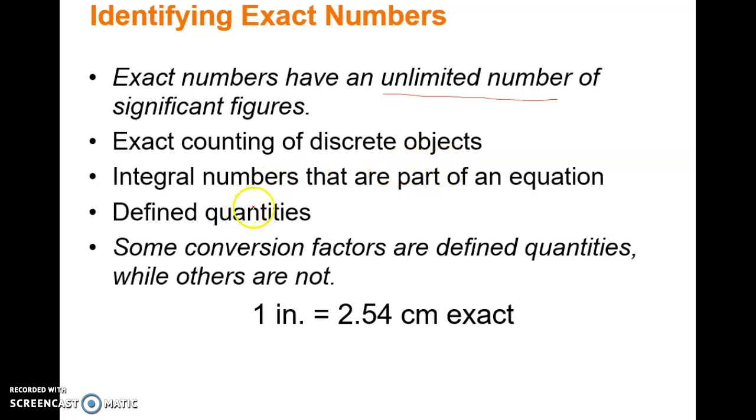Integral numbers that are part of an equation, and defined quantities are exact. Some conversions will say that they are exact. Generally, an English to English conversion, like 12 inches in a foot, would be considered exact. But with English to metric, sometimes it'll tell you that it's exact.